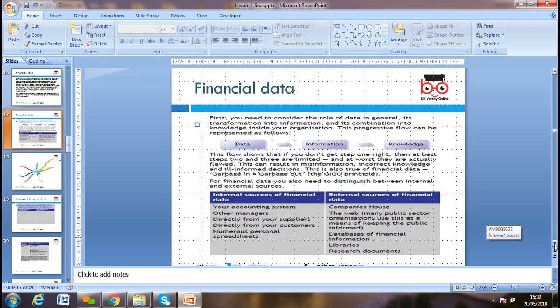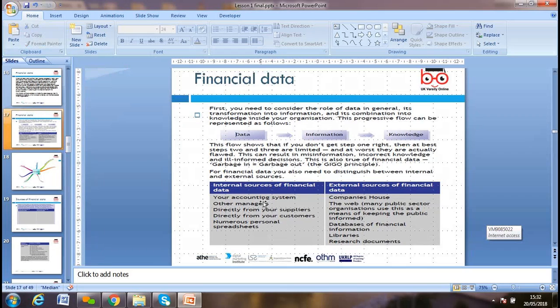So those can be used as data. And external sources: Companies House, websites, libraries, databases, financial statements, all these provide external sources of financial data. So internal and external sources of financial data can be used for decision-making purposes.